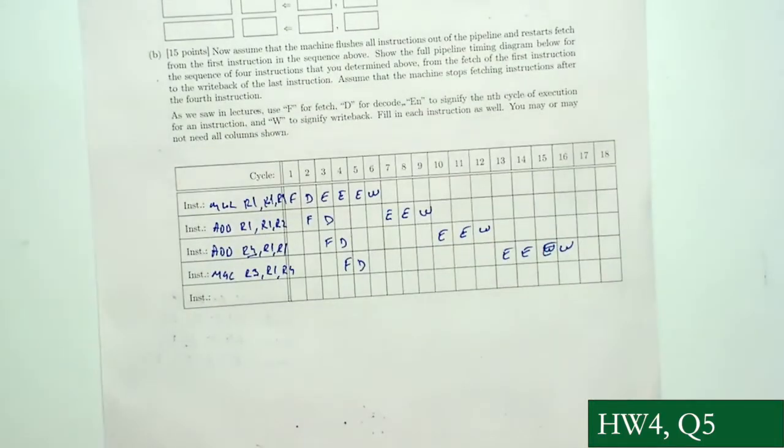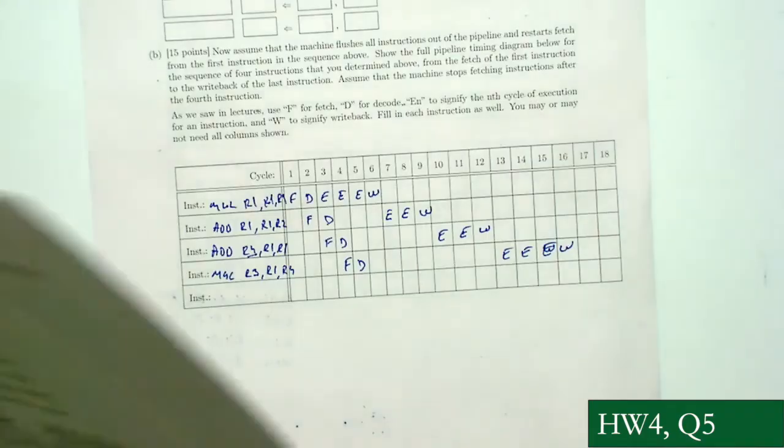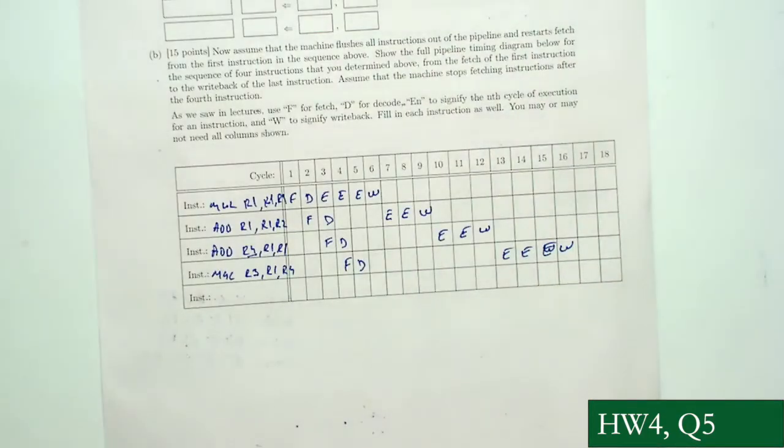Let's take a look at the last part, unless you have any questions. Yep. I don't see how the third instruction could get it to decode. No, wait. It leaves decode stage and goes to reservation station. So decode stage is free again, right? Yes. Okay, then I understand. Yeah.